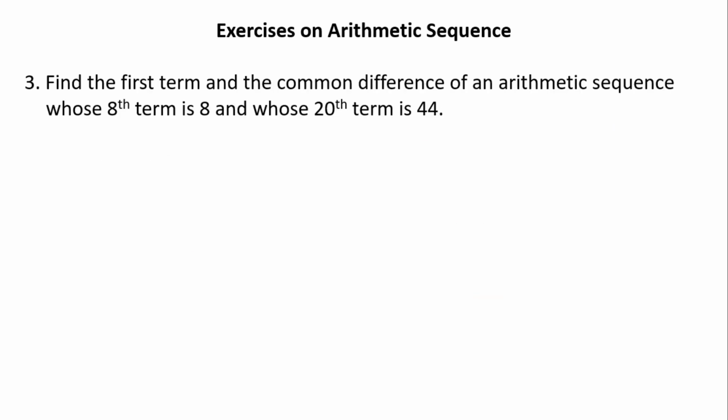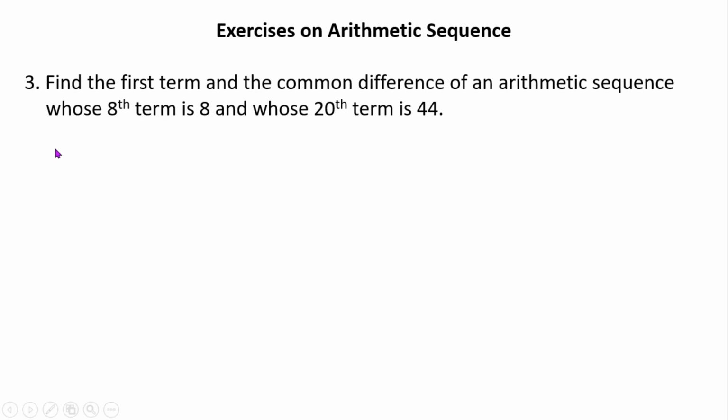Item number 3. Find the first term and the common difference of an arithmetic sequence whose 8th term is 8 and whose 20th term is 44. Alright, so how do we answer this problem? Let us relate a sub 1, or the first term, to each of the 8th term and the 20th term.